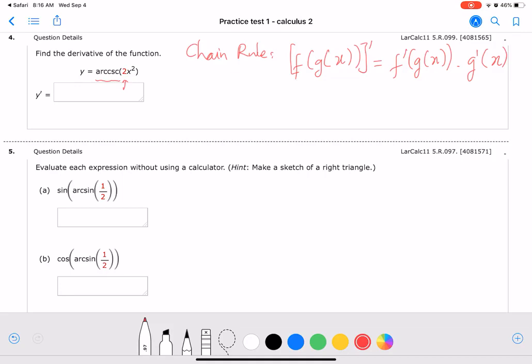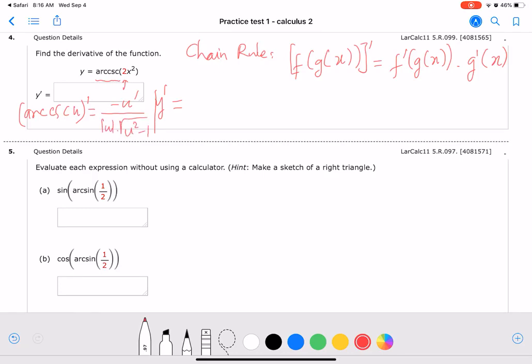So for this guy, f is arccosecant, and g is 2x squared. So we know the derivative of this arccosecant. Let me remind you of the formula: the derivative of arccosecant of u equals negative u prime over absolute value of u times square root of u squared minus 1.